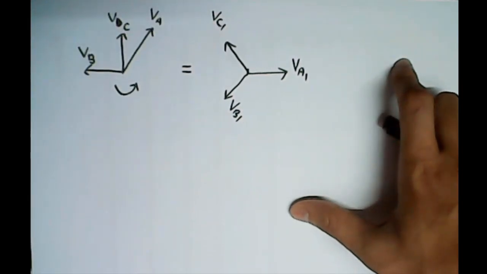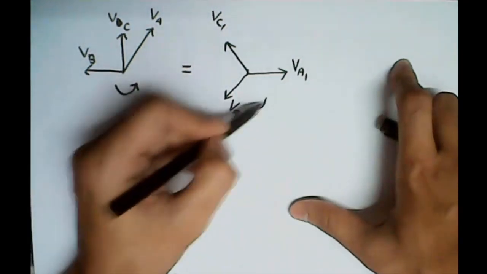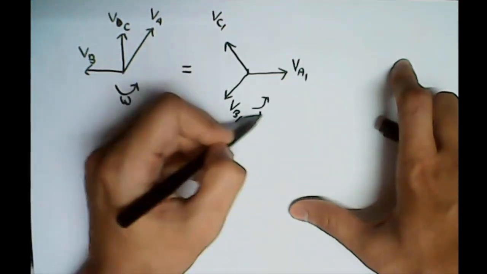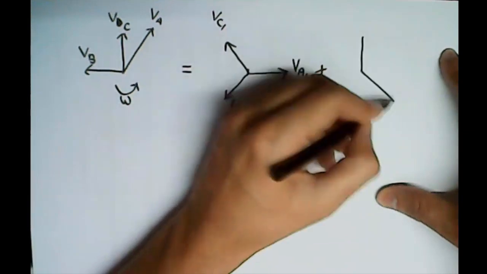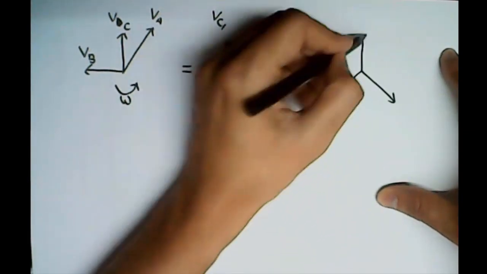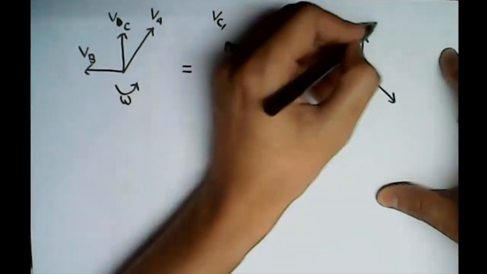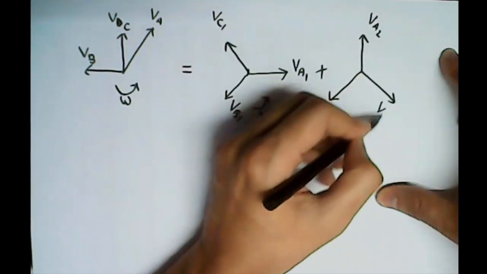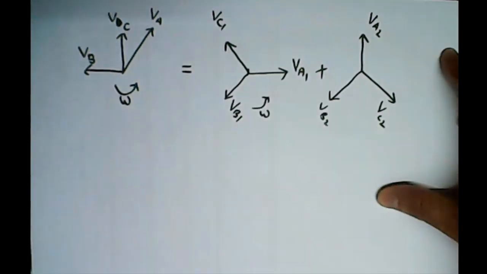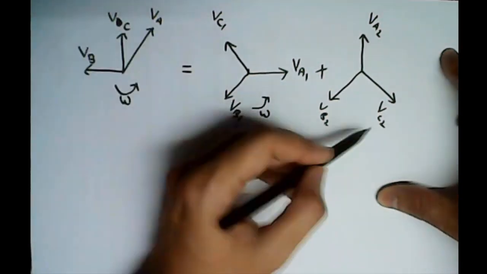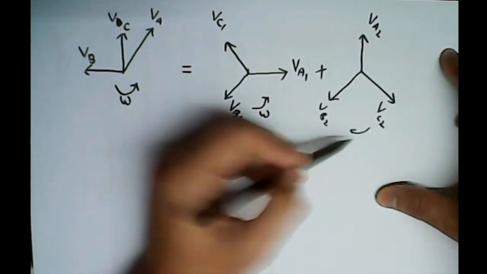Okay, and the direction of rotation again will be the same, plus the negative sequence components, which will be VA2, VB2 and VC2, and its direction of rotation will be opposite.